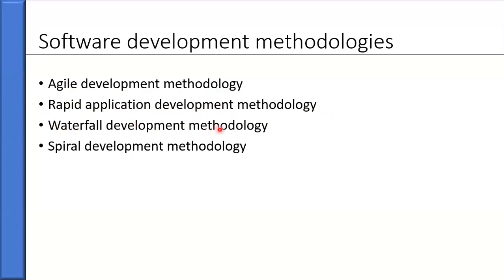And waterfall and spiral are little bit older mechanisms. I'm not speaking much about these two. These are gathering the requirements, and only then it goes to planning, then development, then testing. Likewise, it's a step-by-step process. Spiral also is a step-by-step process.